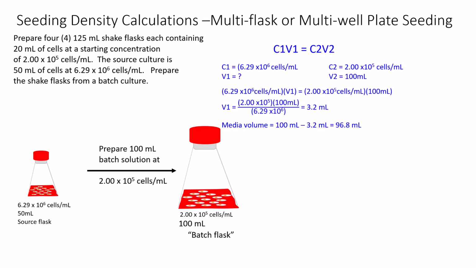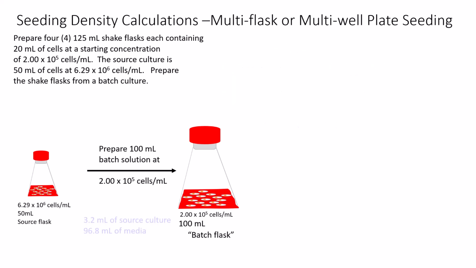That's the volume of batch solution that we wanted to prepare, minus the 3.2 mils of source cells gives us 96.8 mils. So what we're going to do here is combine 96.8 mils of media, that goes into the flask first, and then add in 3.2 mils of the source culture.